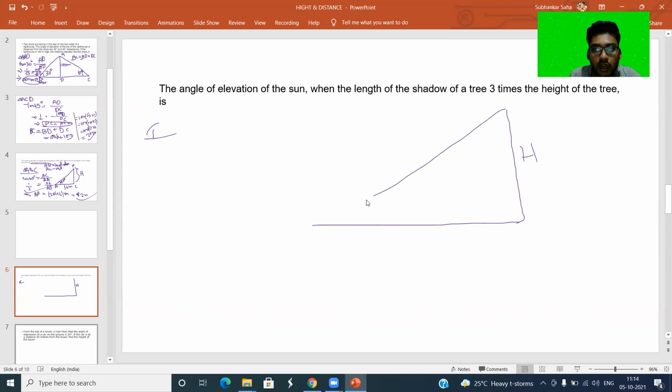It is the hypotenuse of this triangle ABC. In this question, we need to find the angle of elevation. Let it be theta.